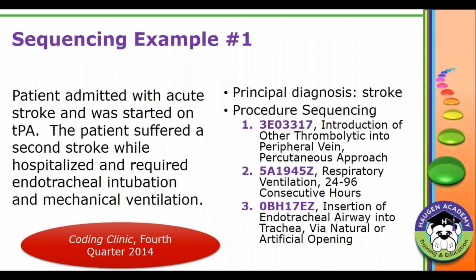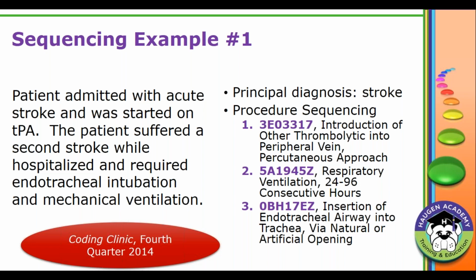So first sequencing example, we have a patient admitted with acute stroke, started on TPA, and the patient suffered a second stroke while hospitalized and required endotracheal intubation and mechanical ventilation. And while it might be tempting to put your ventilation code first because that's going to be the one that drives your reimbursement, you really should be assigning your TPA code first.